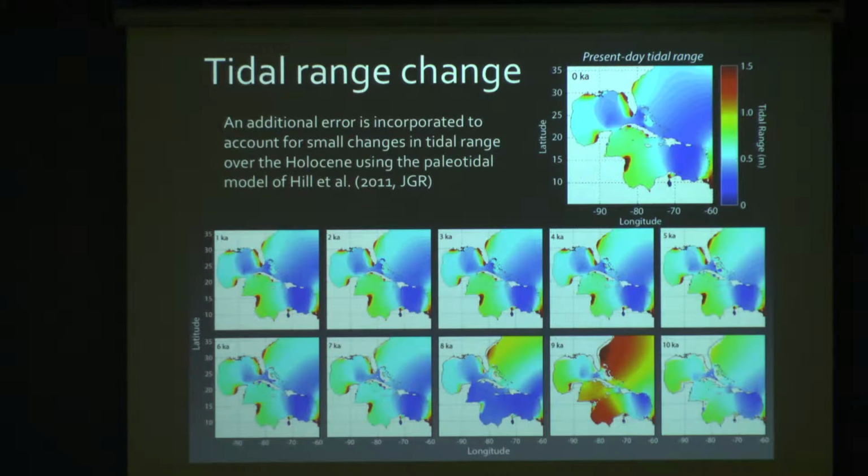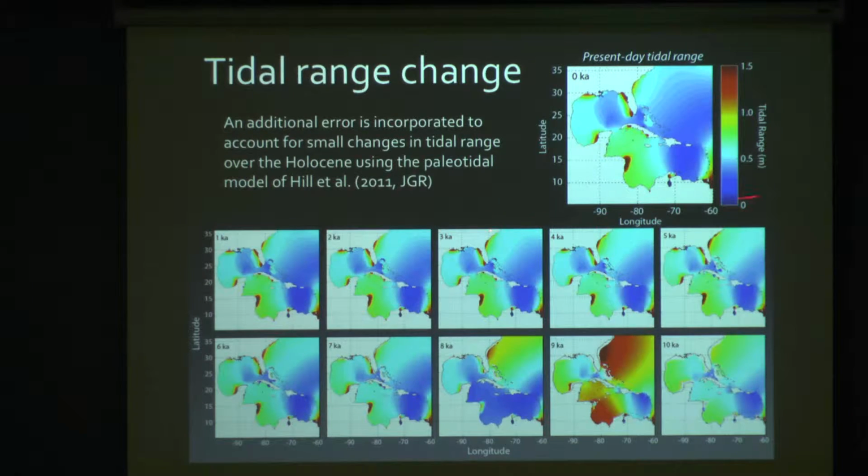So one advancement that we've made in this Caribbean database is that we can account for changes in tidal range over time. Because the distribution of our indicators is related to tide levels, a change in tide levels in the past will bias our past interpretations. So we use the paleotidal model of David Hill, published in JGR in 2011, to provide an additional error for samples in the past.